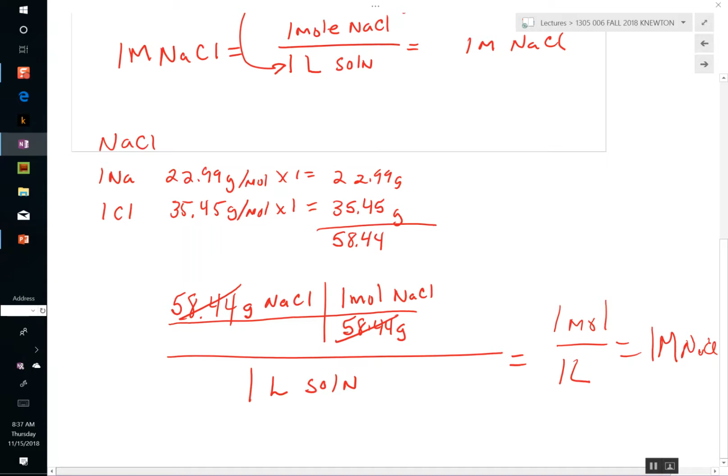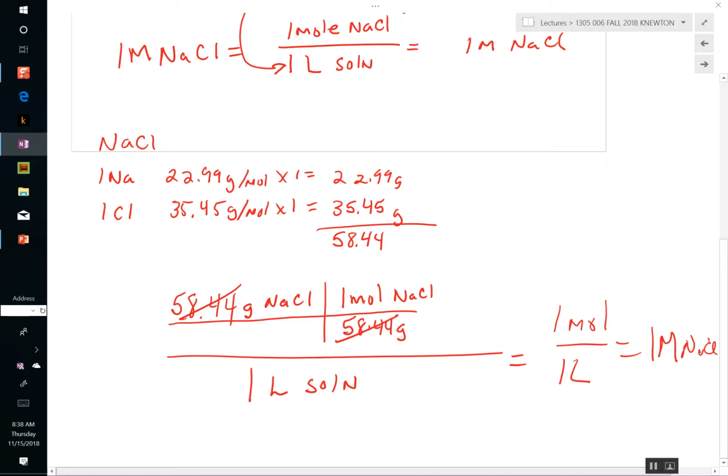We would get sodium chloride, put 58.44 grams of it in this flask, and then we would get some DI water. Now I'm not going to add a liter of water to this. I'm going to add water to make it a liter of solution. Okay, I want to make that distinction. It's not 1 mole of sodium chloride per liter of water. It's 1 mole of sodium chloride per liter of the final solution.